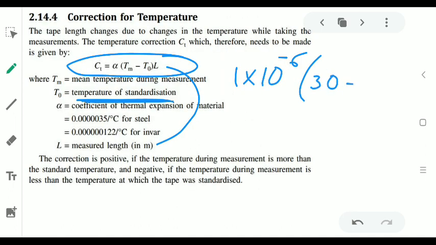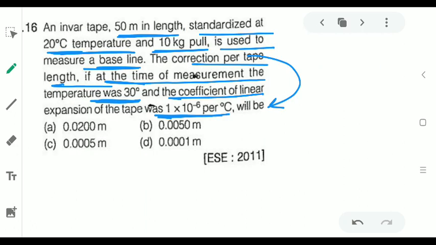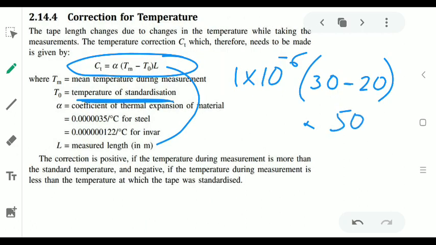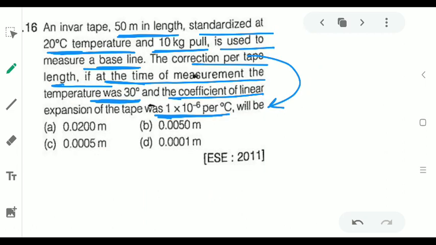So 30 minus the temperature at standardization, which is 20, into the length of the tape, given as 50 meter. So you will get this value as 500, so that is 5 into 10 to the power minus 4 meter. So that will be option C. So the correct option for question number 16 is option C.